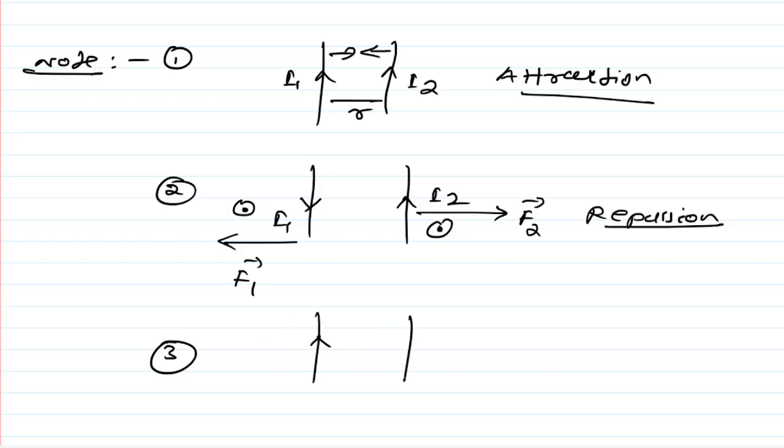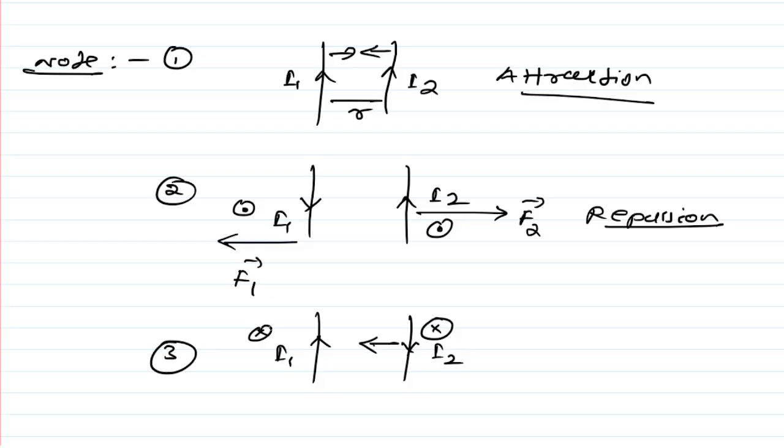Okay, suppose here current is like this and in this one now it is reversed. So in this case, due to this wire, the magnetic field at this point will be cross, and if magnetic field is reverse, force will also get reverse, and due to this current, the magnetic field at this point will be cross. So here magnetic field is reversed, but current is also reversed.